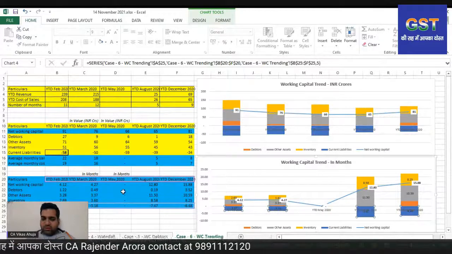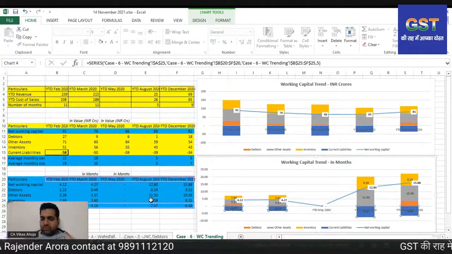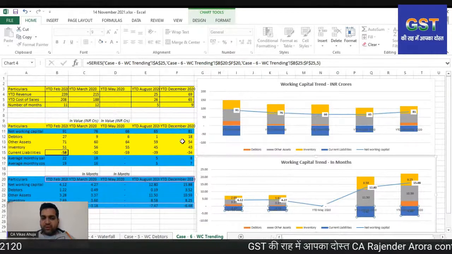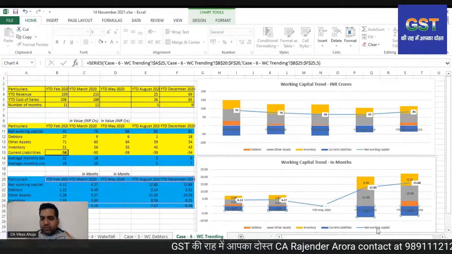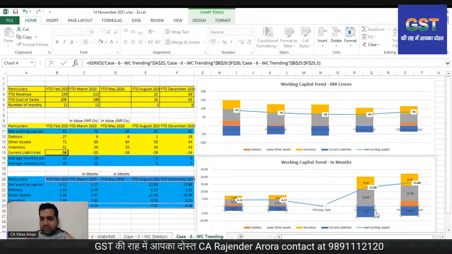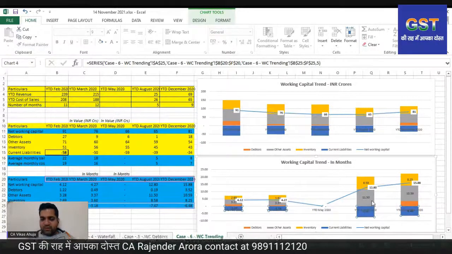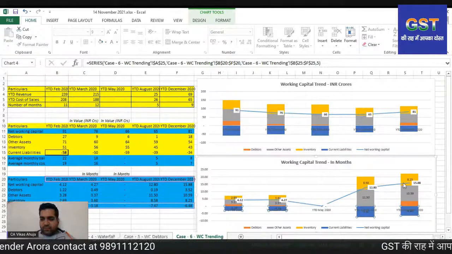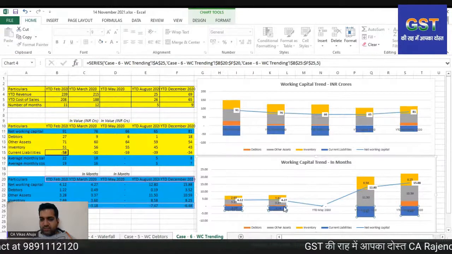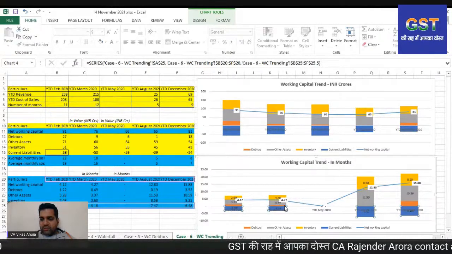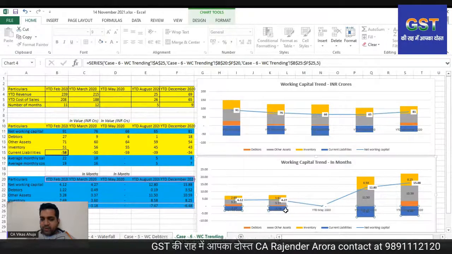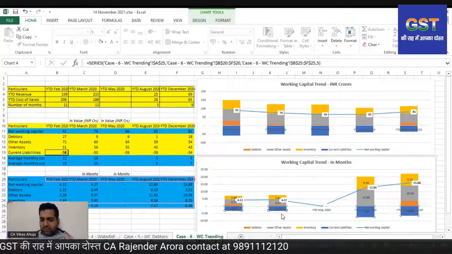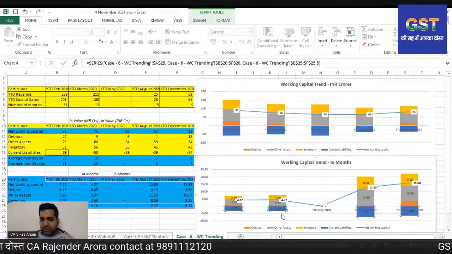Otherwise, in May there was no sale, in August there was pretty bad sale, in December there is a pretty bad revenue coming up. So why is this working capital increasing? Why is inventory increasing? Why are other assets increasing? There is no reason why it will jump 4 times or 3 times. And I did not enjoy the same level of liability or credit from my vendors.